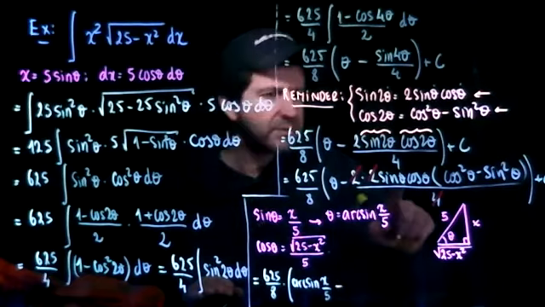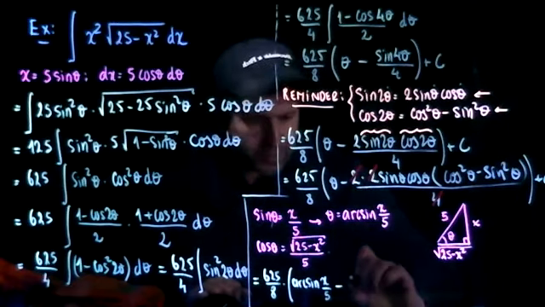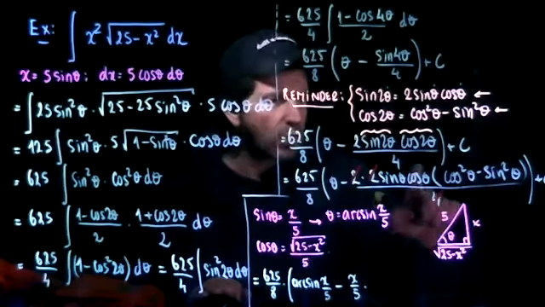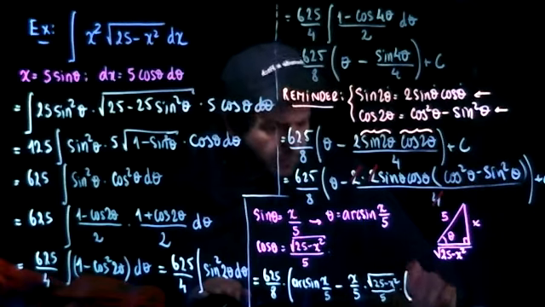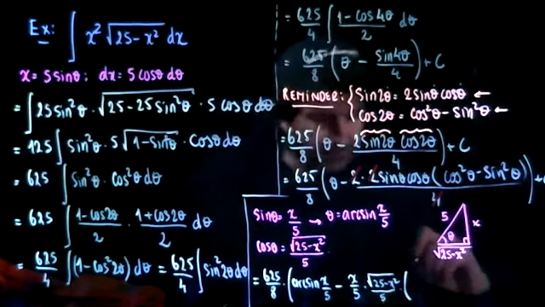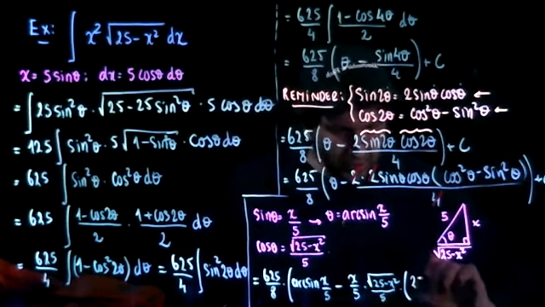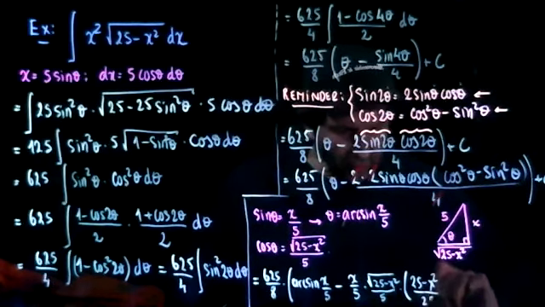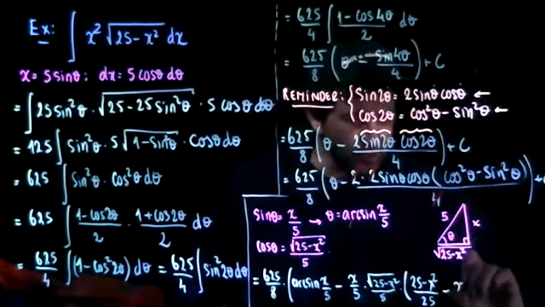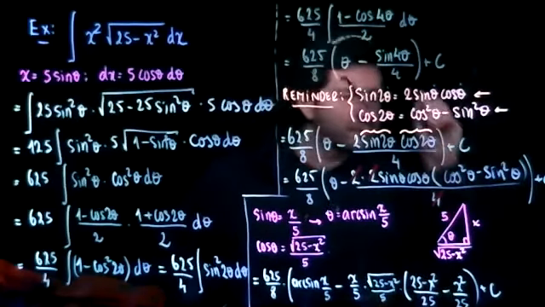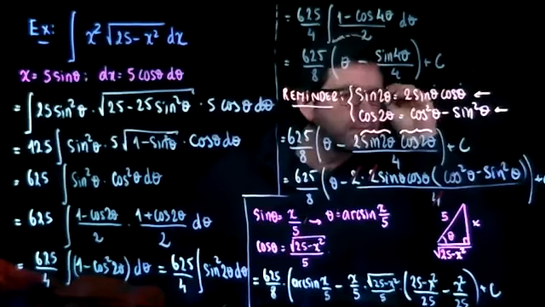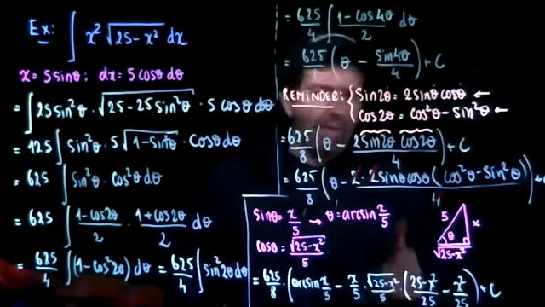Then minus sine theta, which is x over 5, times cos theta, which is root of 25 minus x squared over 5, then times all this in brackets, cos squared, which is 25 minus x squared over 25, and minus sine squared, which is x squared over 25. Okay, so this is my answer.